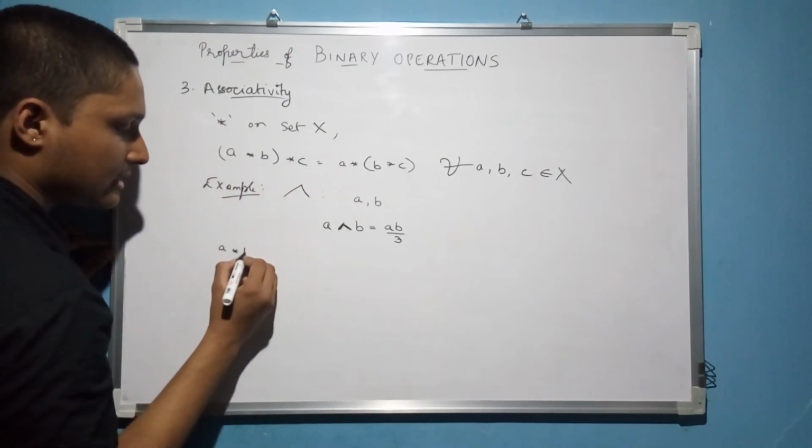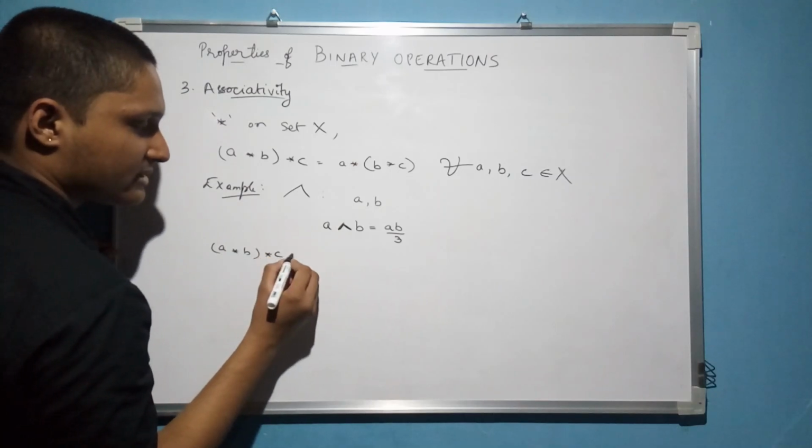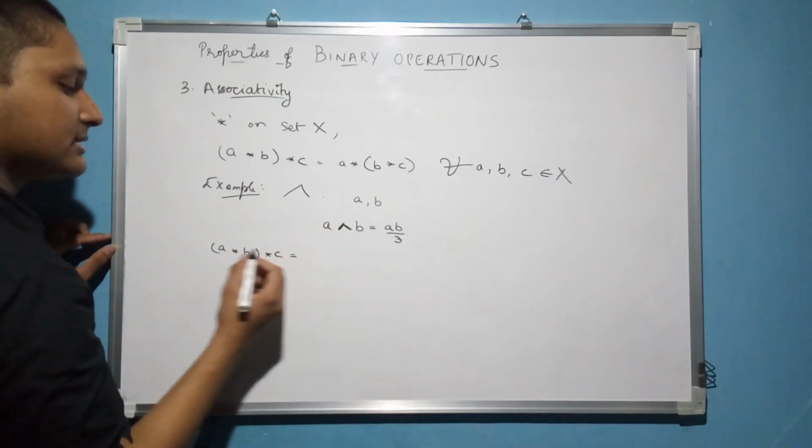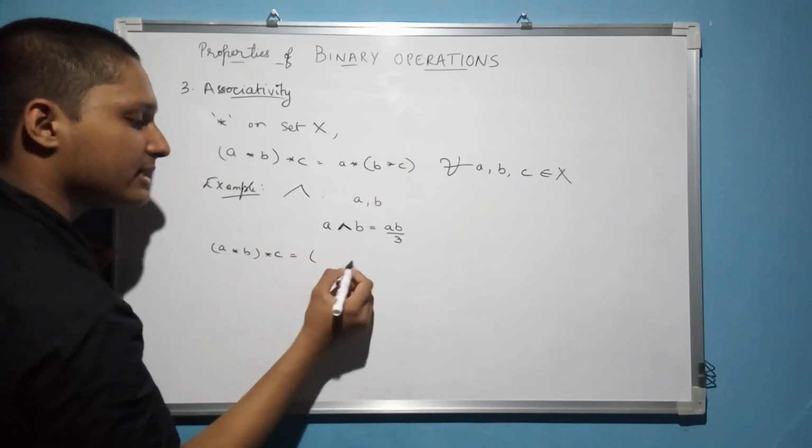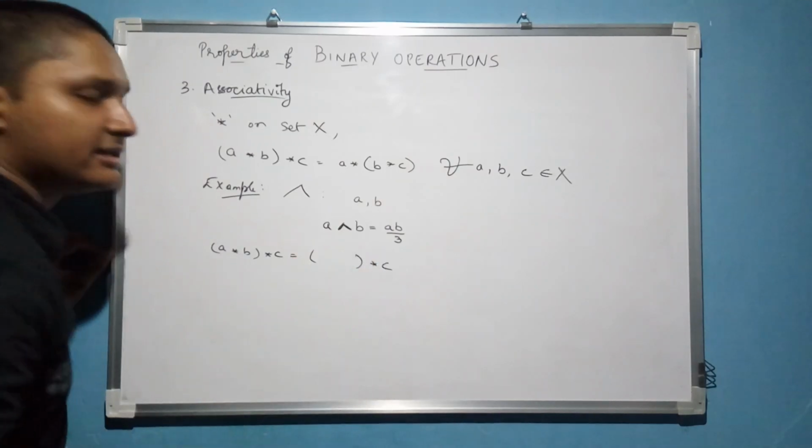So LHS is (A star B) star C. What comes in this case? First you need to take only these 2. Forget about C. What is inside the bracket is what matters at the first step.